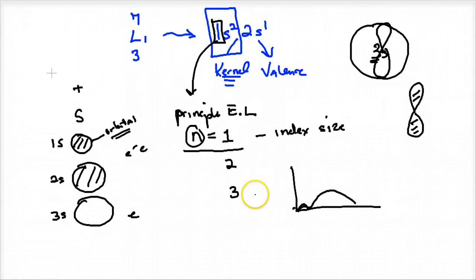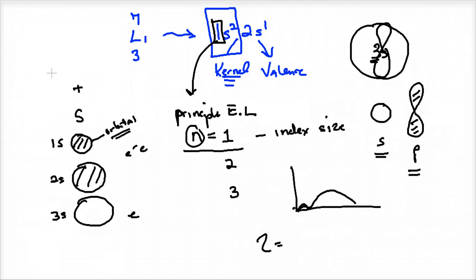The second number tells you the sublevel that electrons exist in. Now, the sublevel is an actual three-dimensional shape. We know s's are spherical. We know p's have this dumbbell shape. Knowing that, this is solved for in the Schrödinger equation by looking at a quantum number called L, sometimes called the angular momentum quantum number.